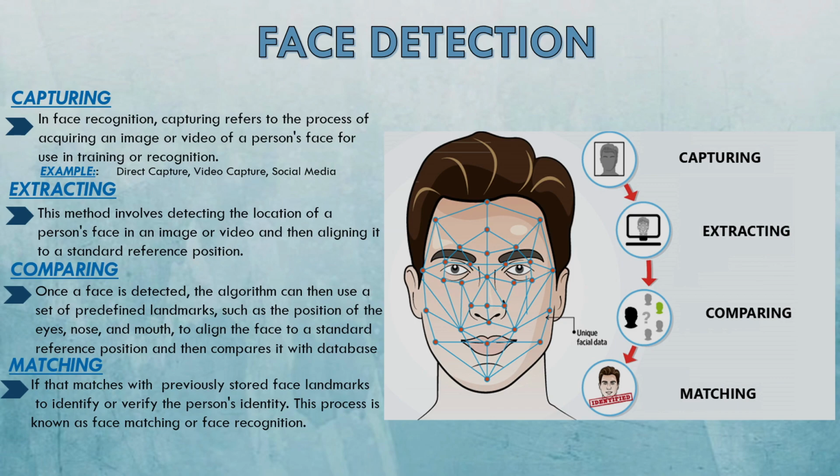Then next comes matching. As you can see here, matching is nothing but the identification of the face. In the previous step, comparing, we compare the facial data with the existing database.